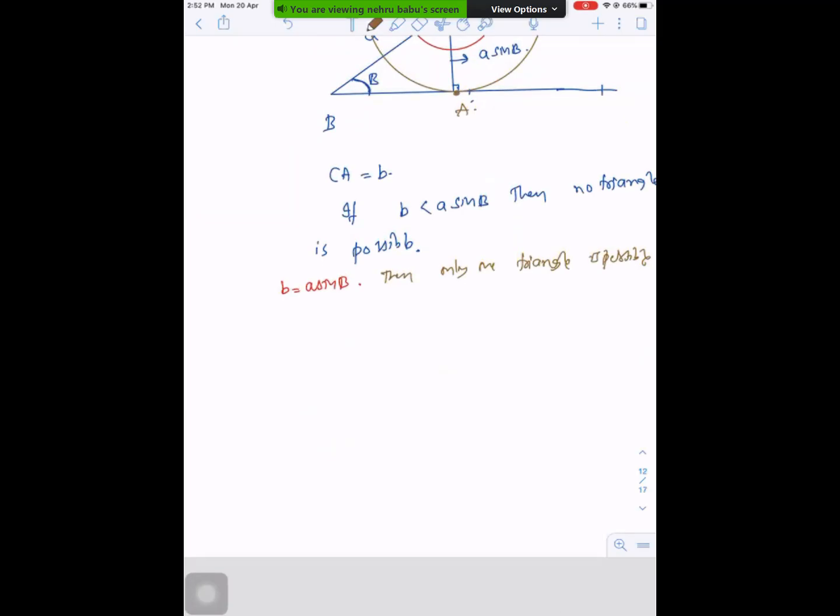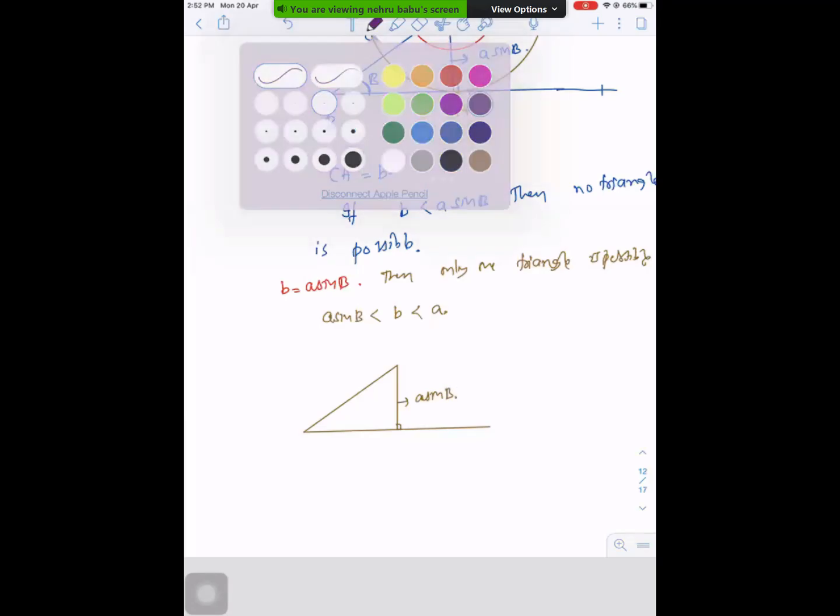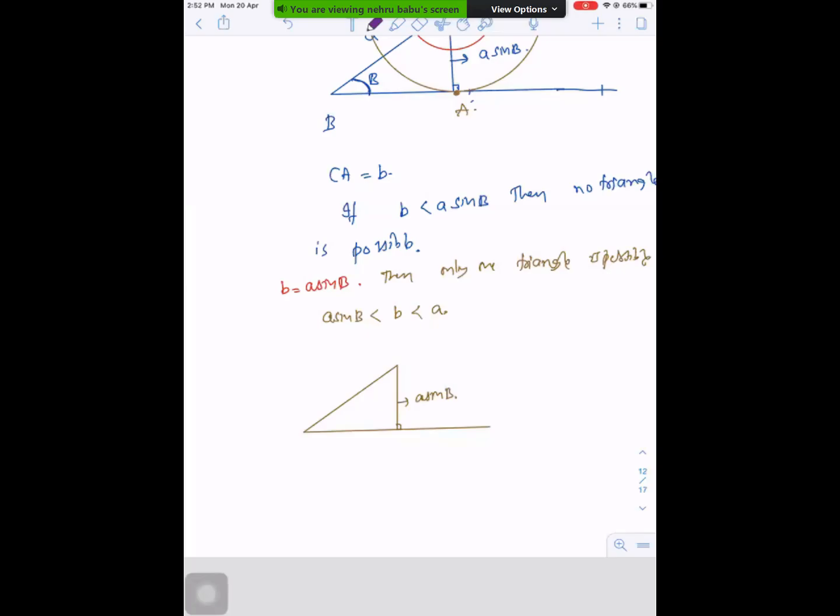Next case I'm taking: if a sin B is less than b and b is less than a. This is the only case where you will get two triangles. You know this length is a sin B, and this length is a.